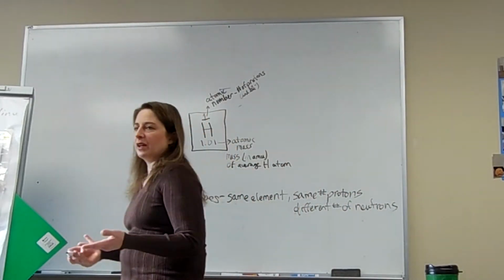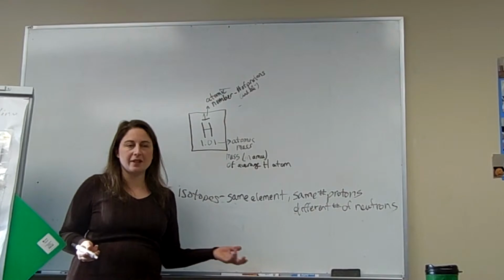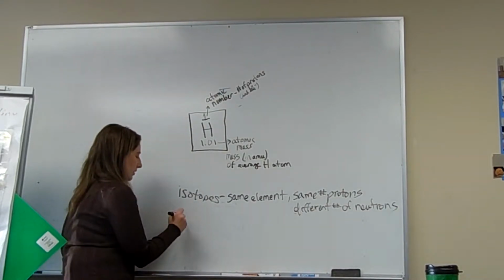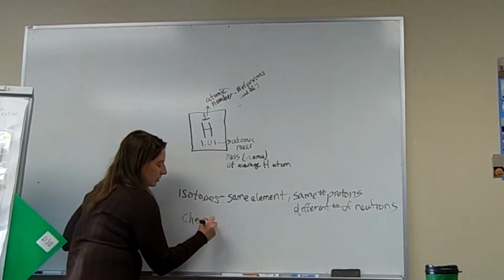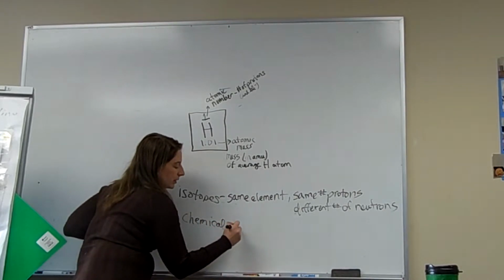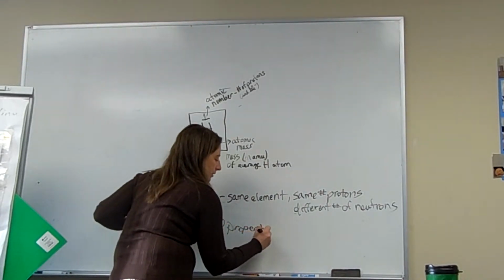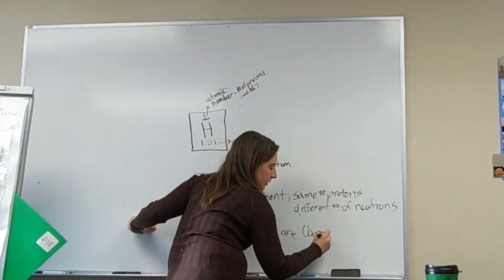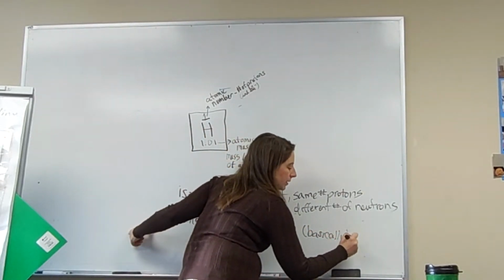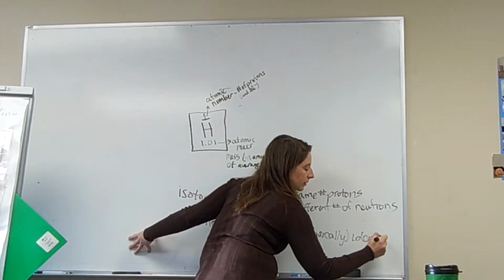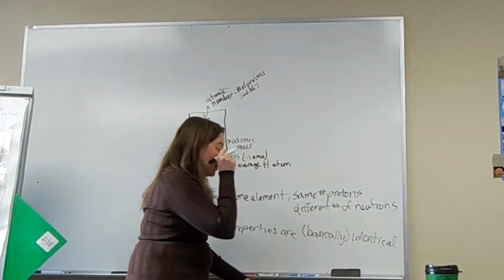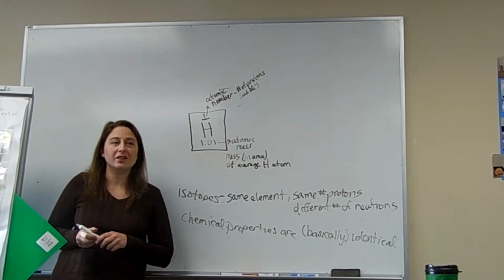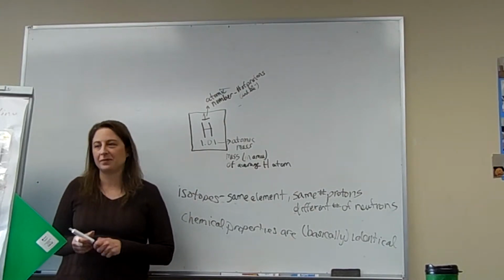So chemically, isotopes behave the same as each other. Chemical properties are basically identical. Now, of course, we know that basically and exactly identical are a little bit different.